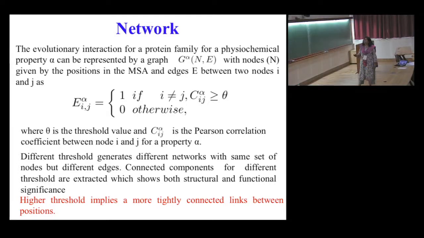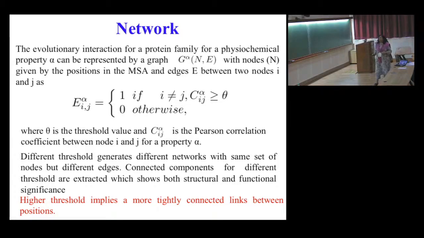The Pearson correlation matrix between the I and J element, if it is greater than theta, theta being a threshold, then we put it as equal to 1, or we put it equal to 0. So different thetas generate different networks. Each theta generates a network with the same set of nodes but different edges.